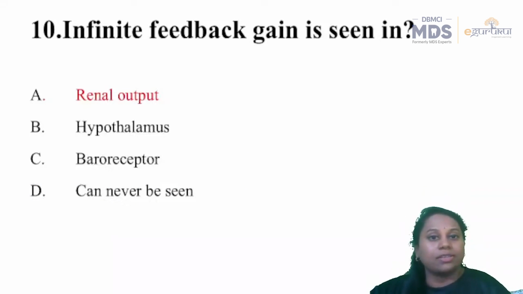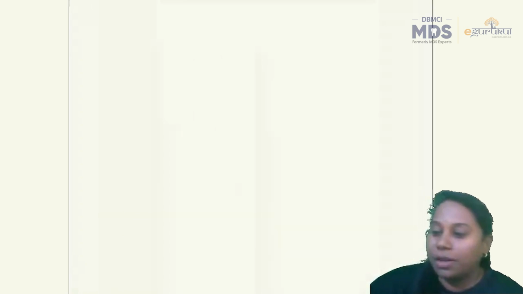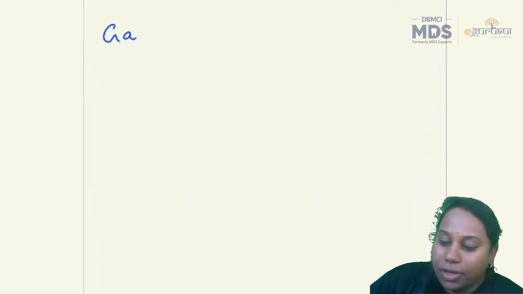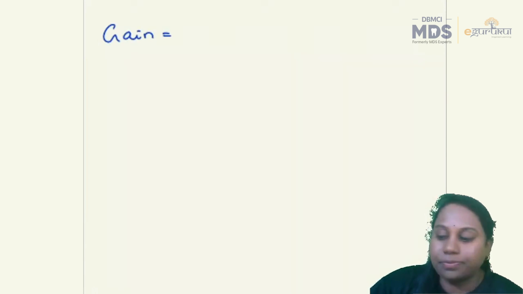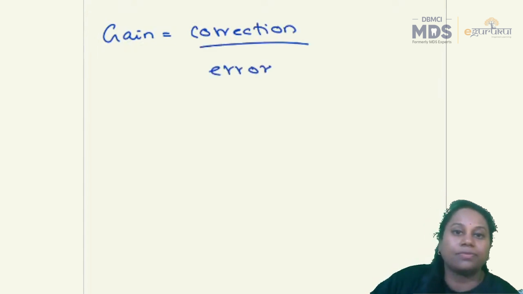The 10th question. Infinite feedback gain is seen in. What is this infinite feedback gain? For any feedback control system, to assess its efficiency, we calculate something called gain. Gain is equal to correction divided by error.